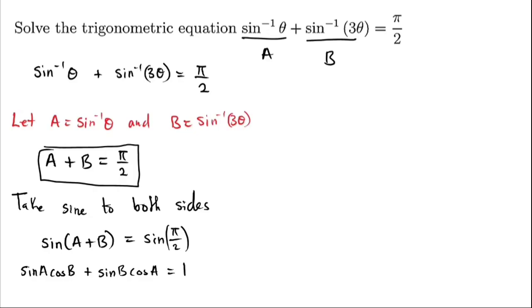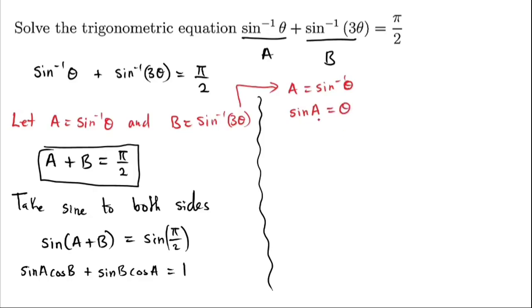Now, what we're going to do here, I want us to rewrite what we already have. What we already have is this statement in red here. So let's rewrite it. A is equal to the sine inverse of theta. So this simply means that sine A is equal to theta.